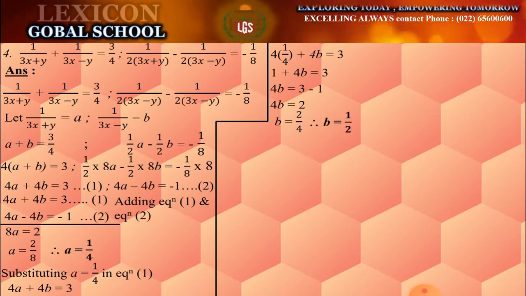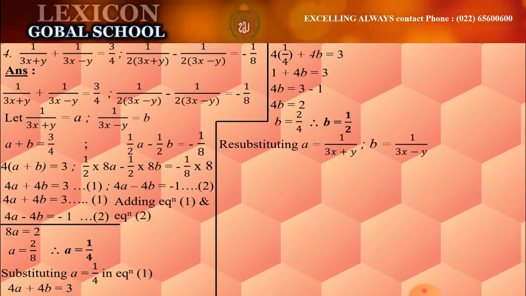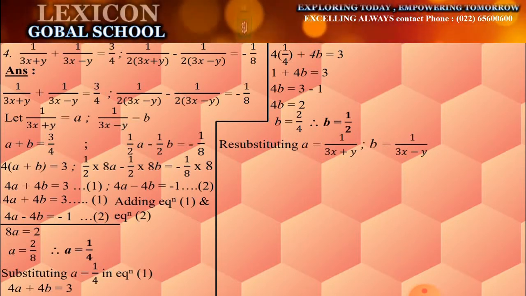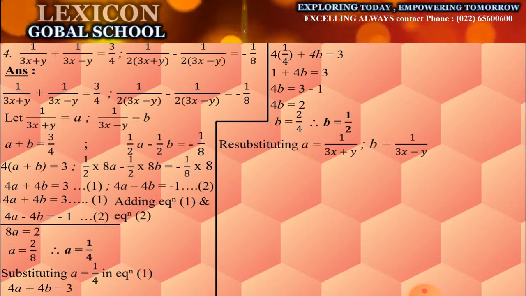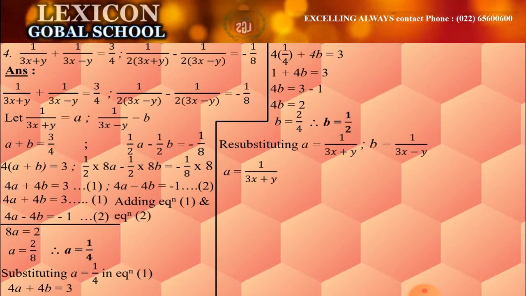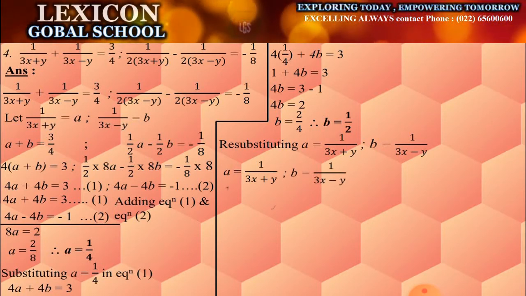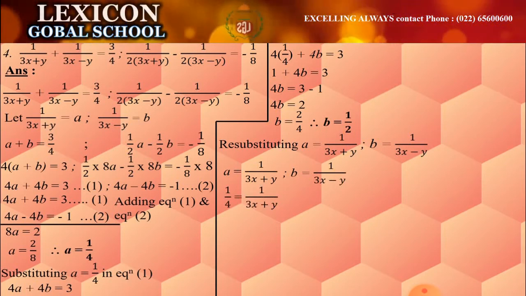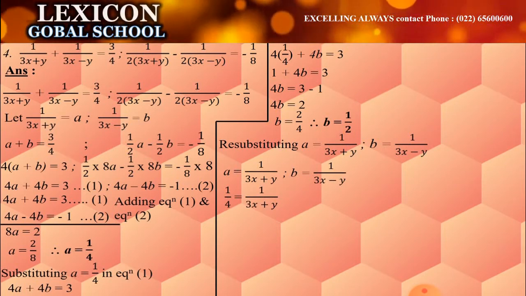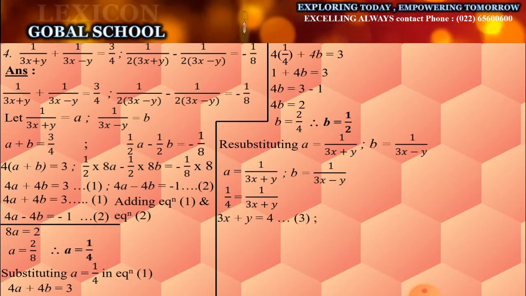Let us resubstitute the values of a = 1/(3x+y) and b = 1/(3x−y). The value of a is 1/4, so 1/4 = 1/(3x+y).